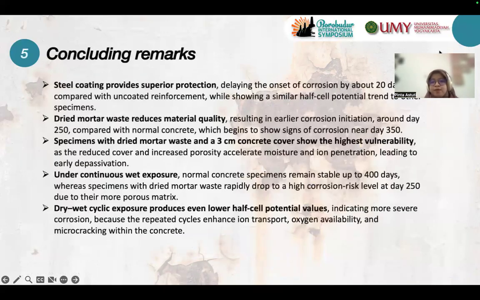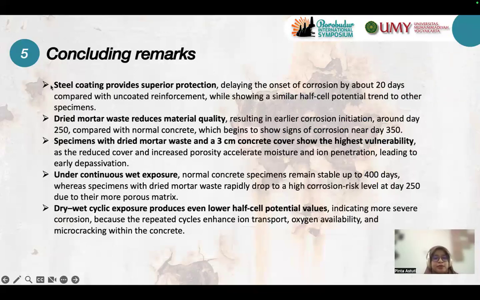So, we come to the end of today's presentation. It's about the concluding remarks. Based on our experiment, we derive five conclusions. The first, steel coating provides superior protection, delaying the onset of corrosion by about 20 days compared with uncoated reinforcement, while showing a similar half-cell potential trend to other specimens.